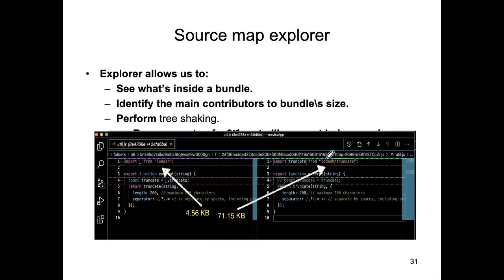And the Lodash library, because it supports tree shaking, allows me to specify over here exactly which function I am importing. Rather than the entire library on the left, I'm specifying a particular subset of the library, the truncate part.